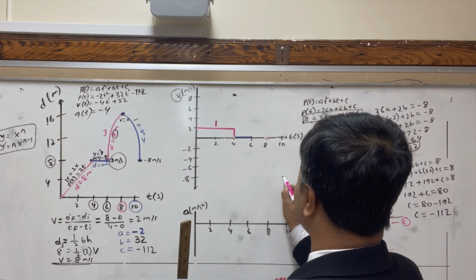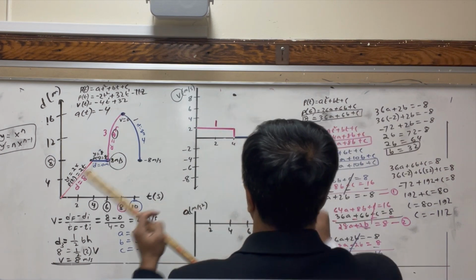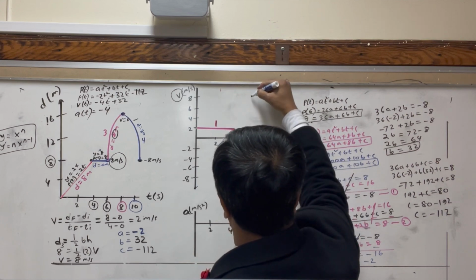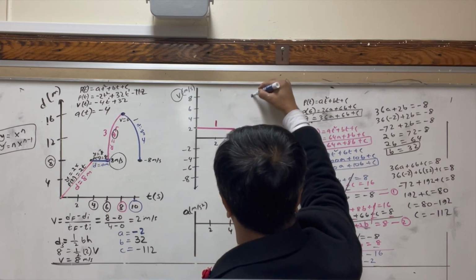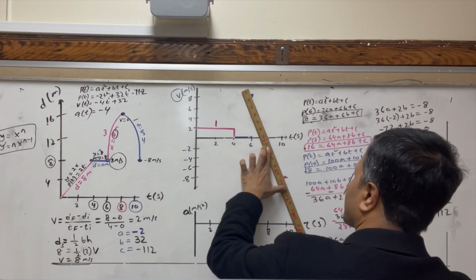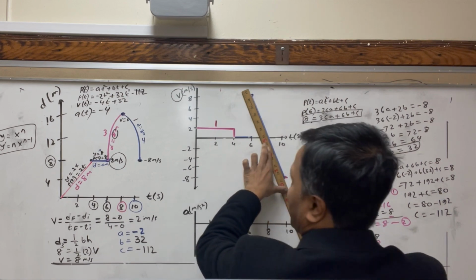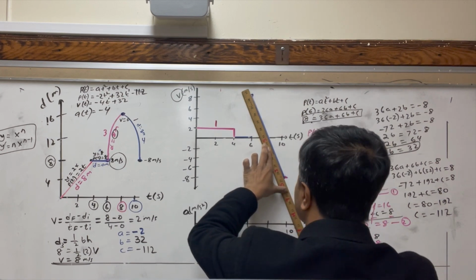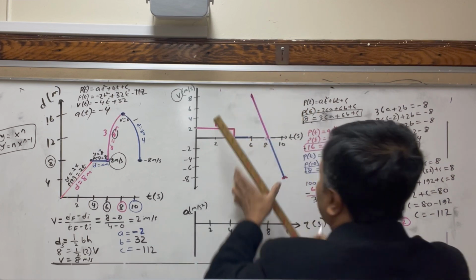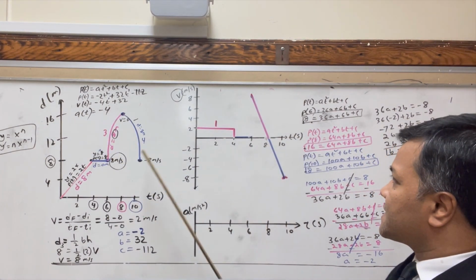So negative 10 comma negative 8, and 6 comma 8. That's why I'm struggling. This should be 6 comma 8. This should be right here. All right, so let's connect it. Okay, so this is this, and this one is this.